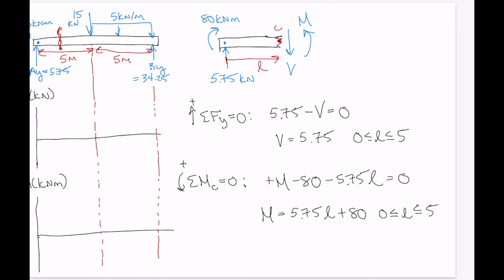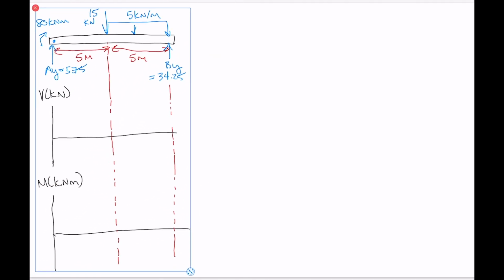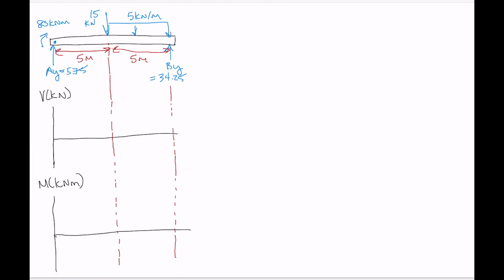So what we'll do is just flip to a new page here and paste the beam back in like that, and draw our second section cut that we need to make, so somewhere in there. And again, you want to analyze the left-hand side of that free body diagram. So in this free body diagram, what we have again is support reaction AY, so that's 5.75 kilonewtons, and then we've got our point moment, 80 kilonewton meters there.